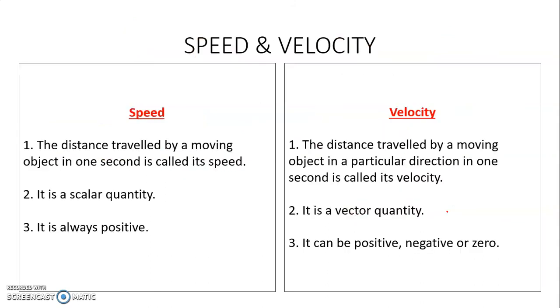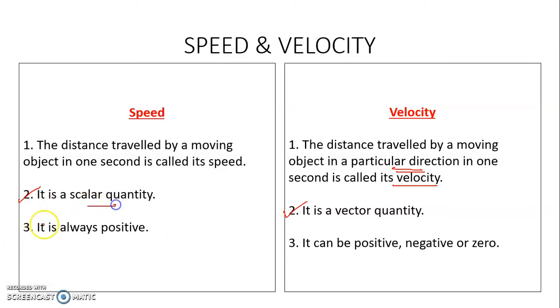Now let us see the differences between speed and velocity. Speed is the distance traveled by a moving object in 1 second. Whereas velocity is also the distance traveled by a moving object, but in a particular direction, in 1 second. As I told you, speed is a scalar quantity, whereas velocity is a vector quantity.